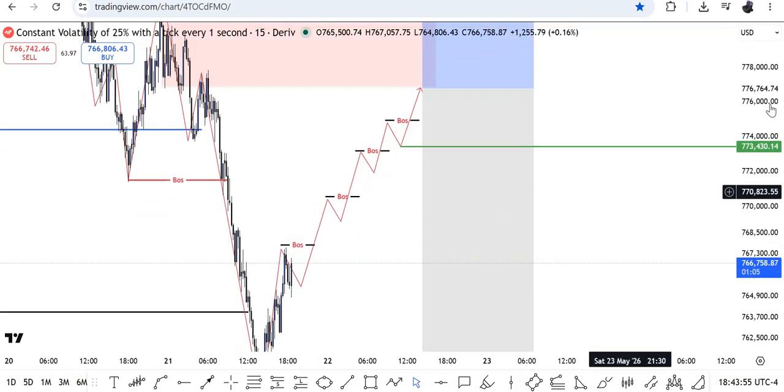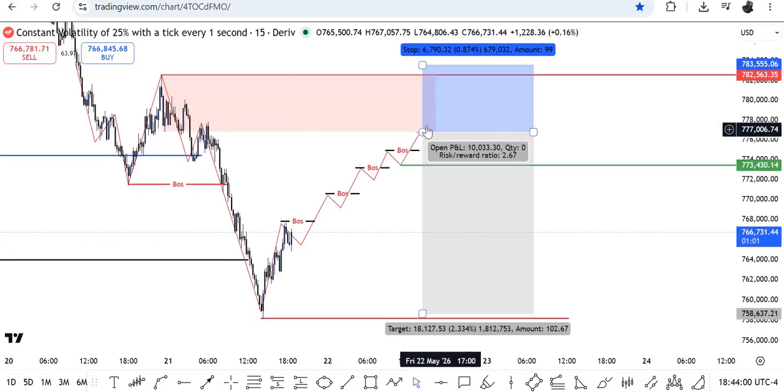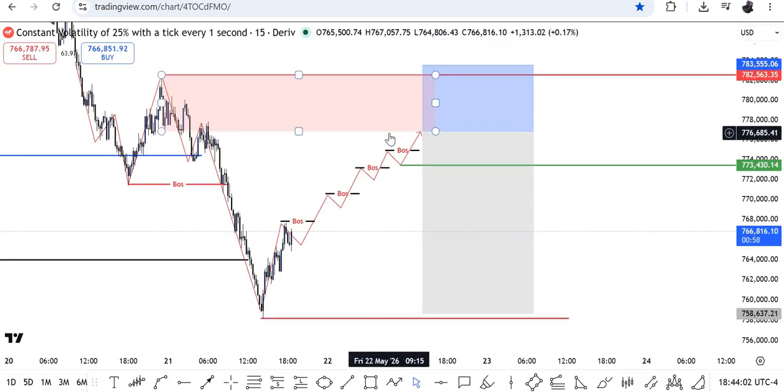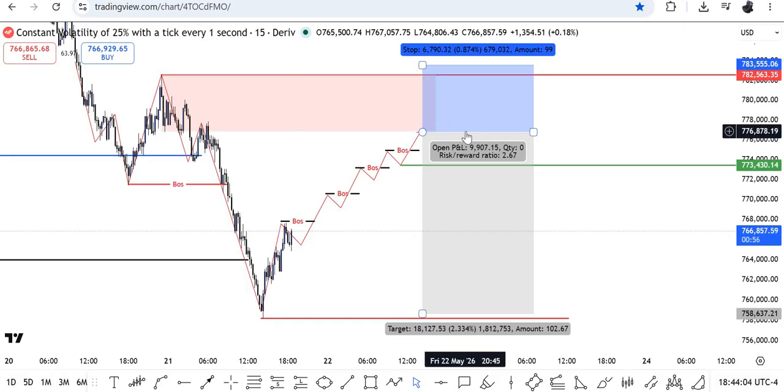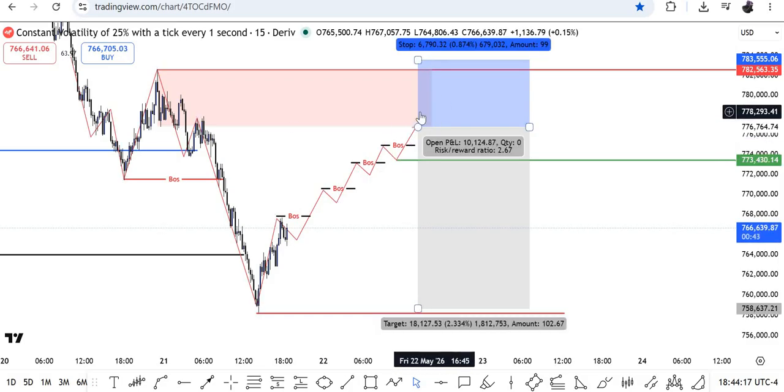So just imagine we entered right here on the edge of the 1 hour supply zone. Guys, look, this smaller time frame is a bullish trend that is pushing in the opposite direction of our entry.